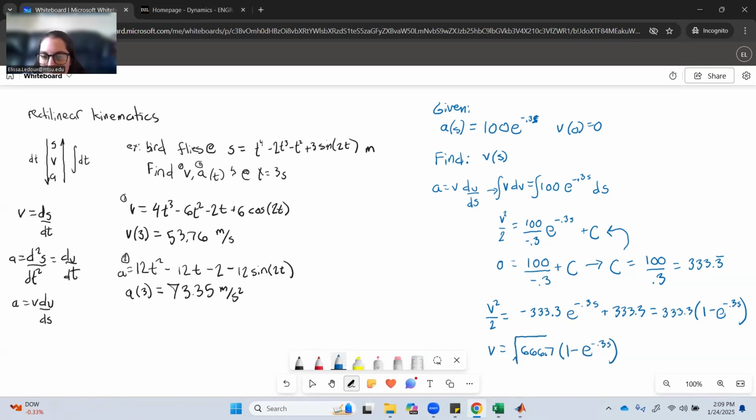And that will be square rooted. So this equals velocity as a function of position. So you can see it's different than if we just straight up integrated with respect to t, because when you're integrating using a different relationship, the integral is going to look different.